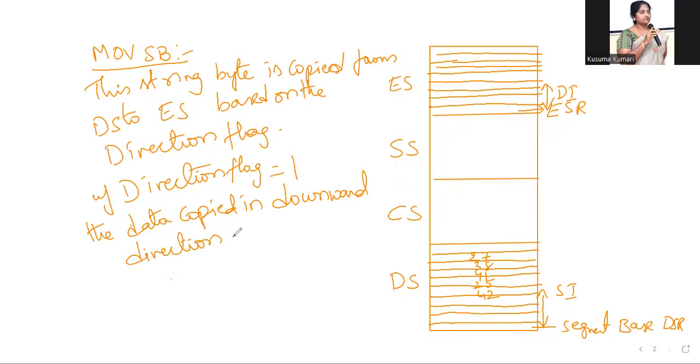What does it mean? Suppose direction flag is equal to 1, then the data is copied in the downward direction.